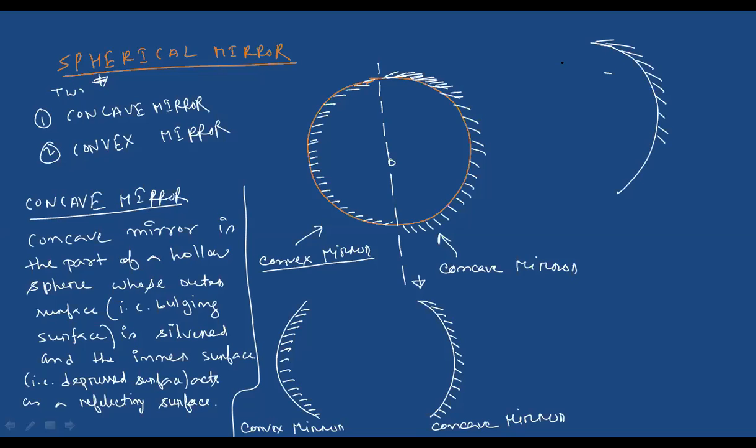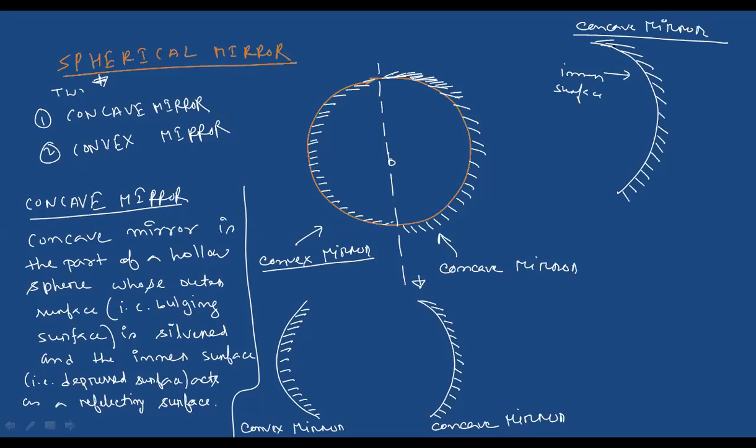In case of your concave mirror, the outer surface is silvered, that means coated, and the inner surface acts as a reflecting surface. Do you understand, all of you?